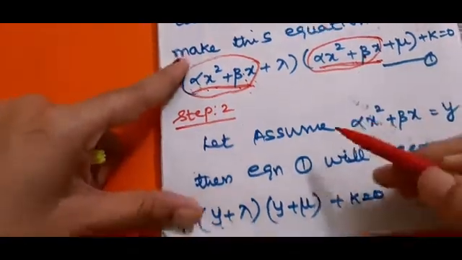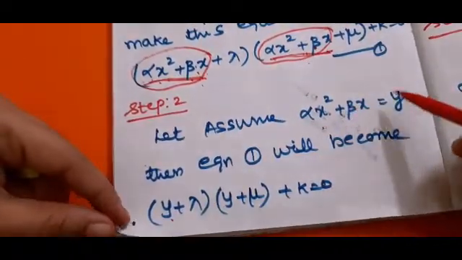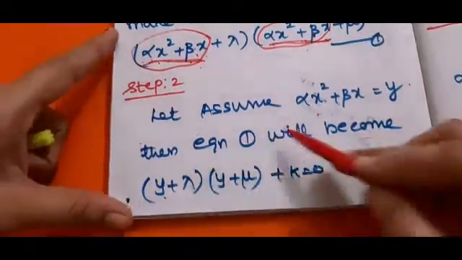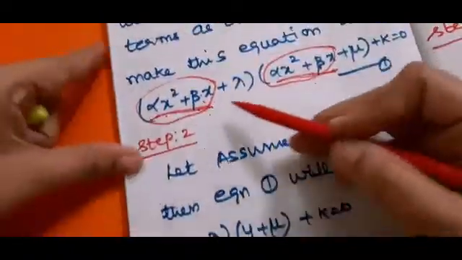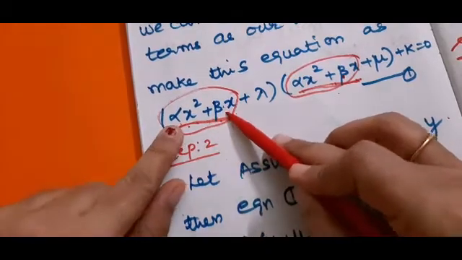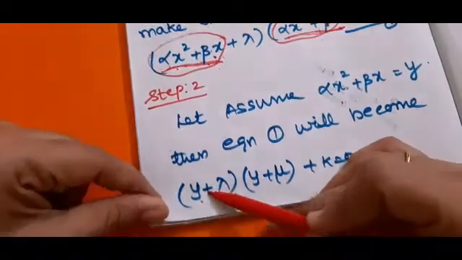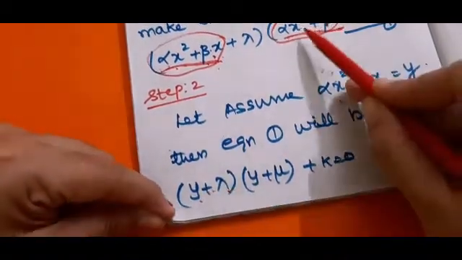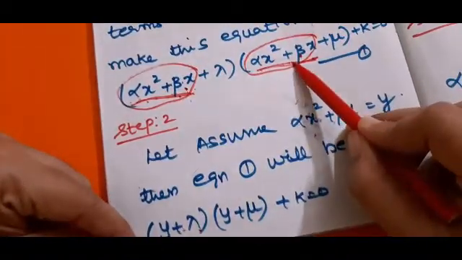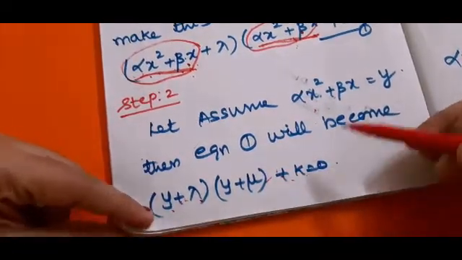That is, αx² + βx = y. Then the equation will become, instead of this I substitute y: (y + λ)(y + μ) + k = 0.